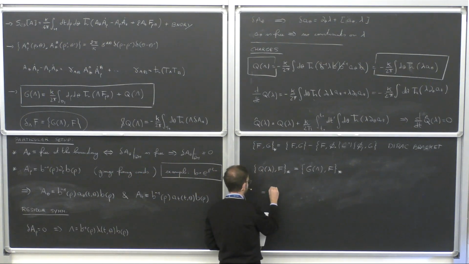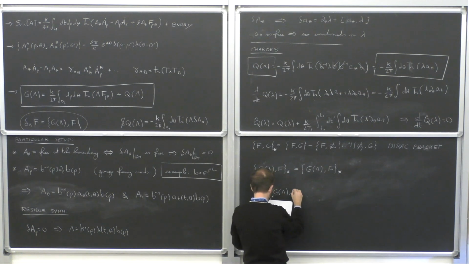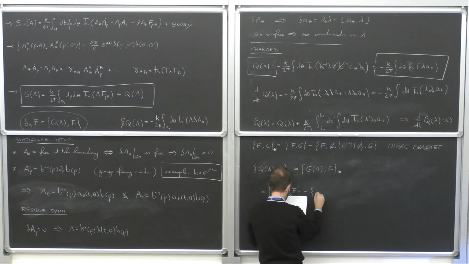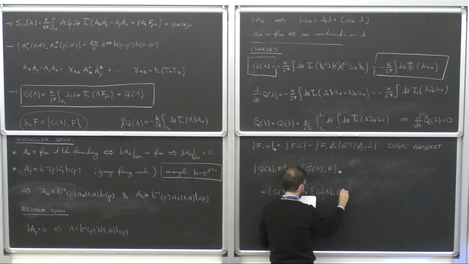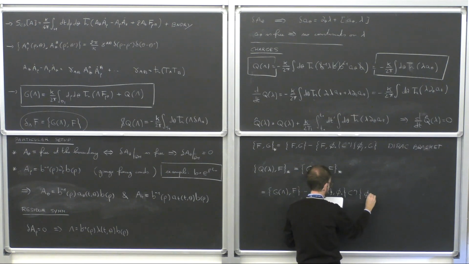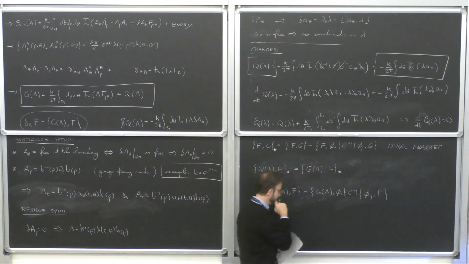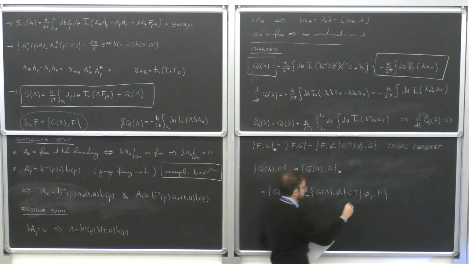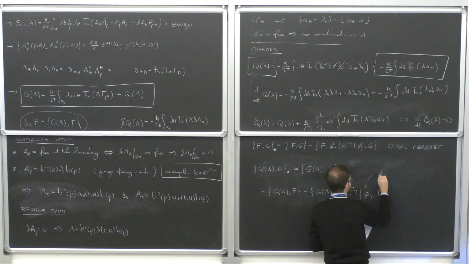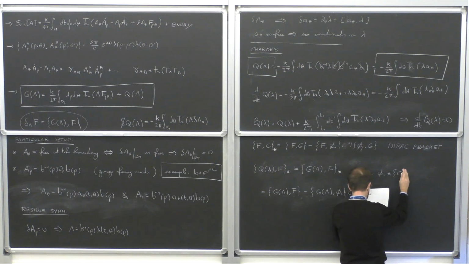And this quantity is somehow easy to compute because I just apply the definition of the Dirac bracket, and it is that one, where now the phi j are essentially the first class constraints.